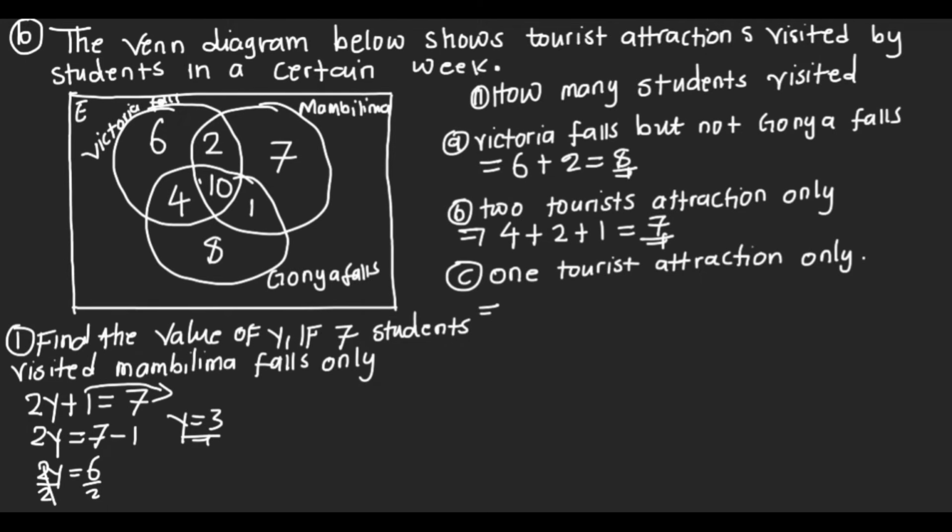Then for question C, 1 tourist attraction only. So 6 indicates that they visited Victoria Falls only, 7 Mambirima Falls only, 8 Gonya Falls only. So we need these numbers, 8 plus 7 plus 6. 8 plus 7 is 15, plus 6 we get 21. So this is how we can answer this question.